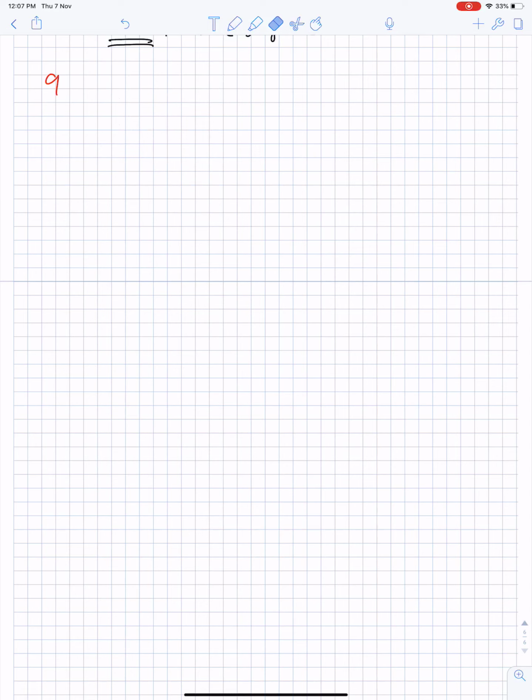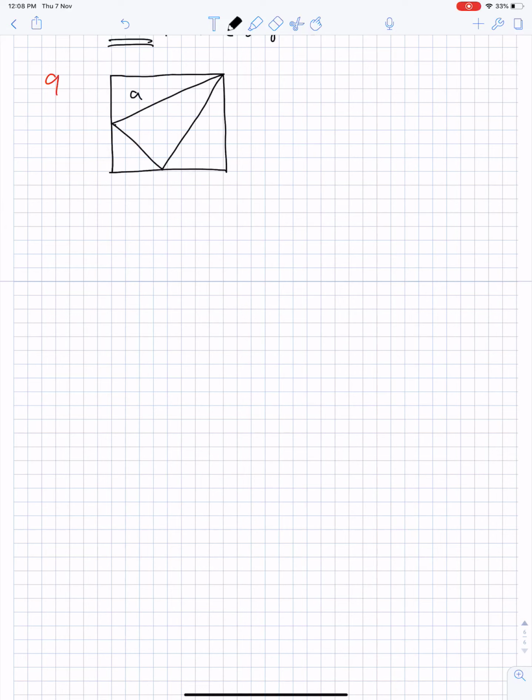So you've got a square, and from this point, they go into the middle of each of these lines.